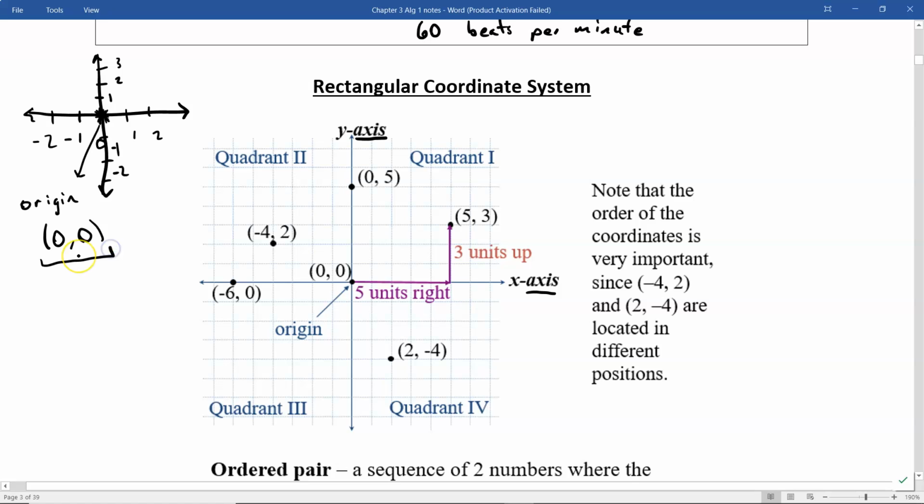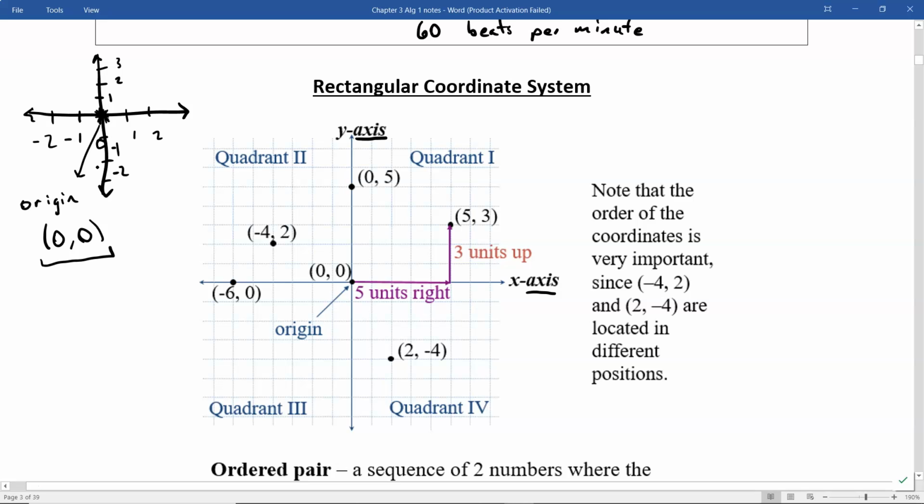This thing that I just called a coordinate is also called an ordered pair. So an ordered pair is just a sequence of two numbers, and those two numbers correspond to a singular point on this rectangular coordinate system. Another word for this rectangular coordinate system that I've just created is a plane. So it's just a plane.